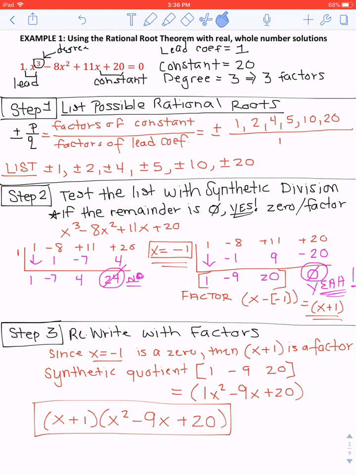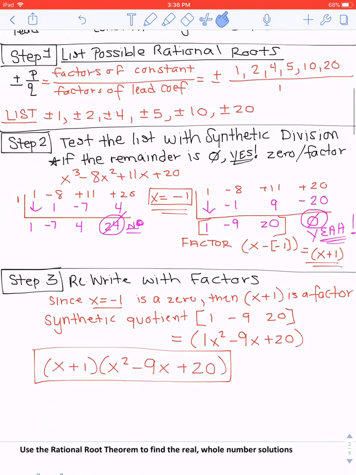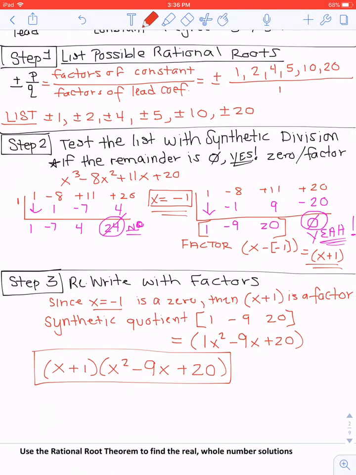All right, and then you're going to use a little rhyme for this last part. Step 4, can I factor more? Always ask yourself that. If you're not all the way down to binomials, you can factor more. So step 4, we're going to factor more.